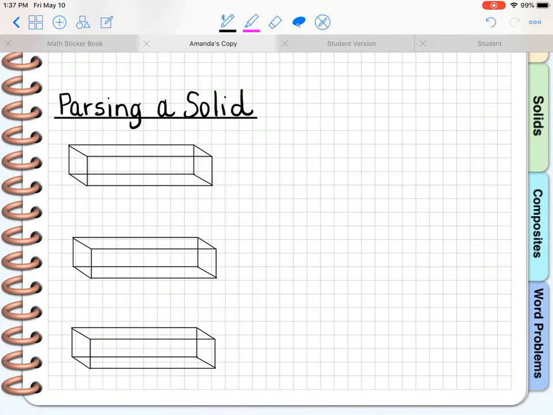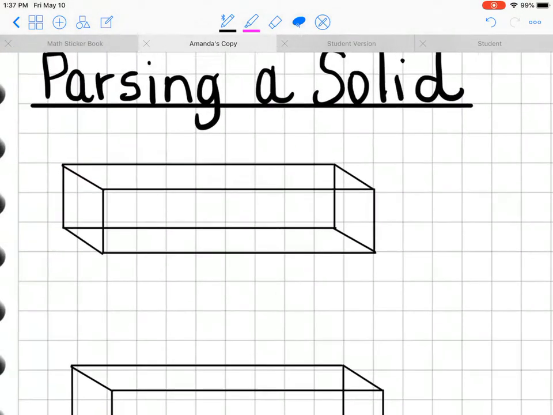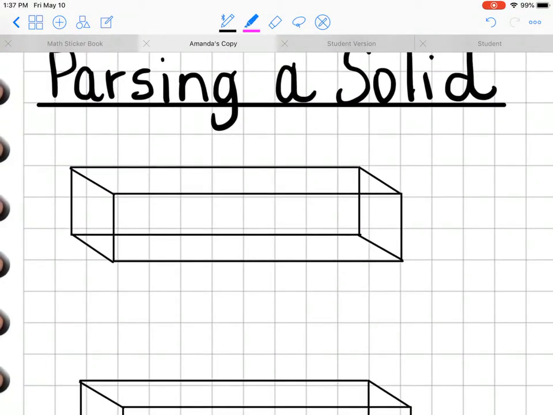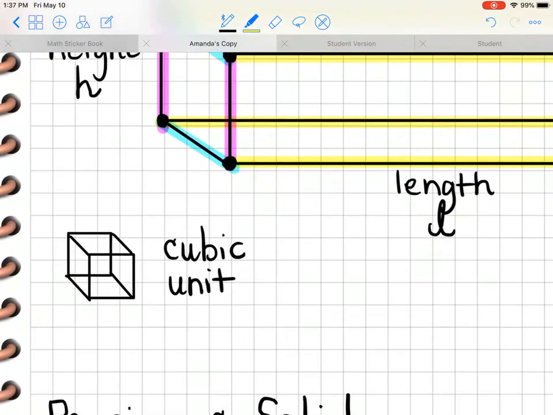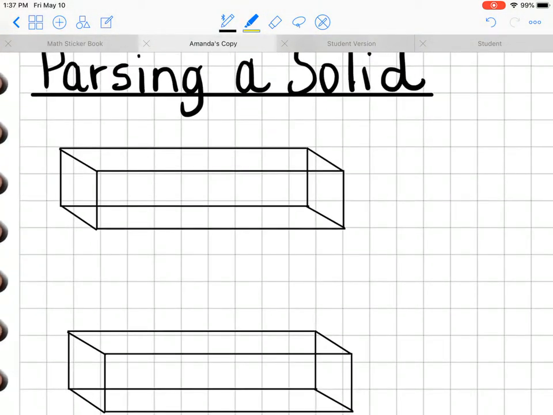So I'm going to zoom in on this first one, and I want to start by coloring in a section. Let me keep my colors the same; this is yellow. This is a disaster sometimes on this little screen. My eyes aren't what they used to be. So here is one face of this solid.